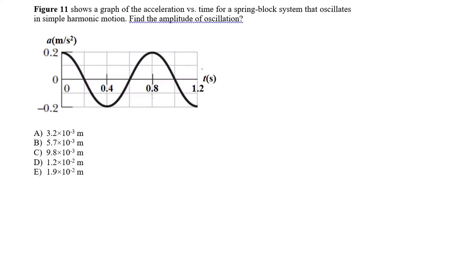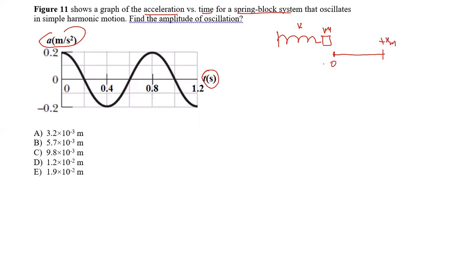So here we have an acceleration time graph, with acceleration in meters per second squared versus time. For a spring block system that oscillates in simple harmonic motion, find the amplitude of the oscillation. I have a spring with spring constant k, attached to a mass M, and I stretch it for a maximum distance of xm.